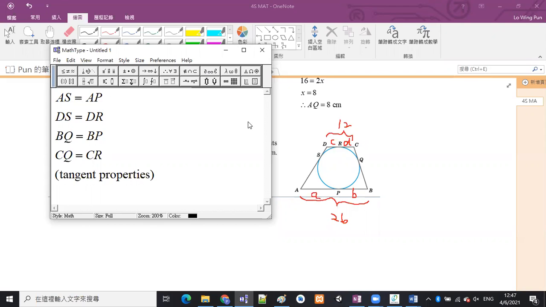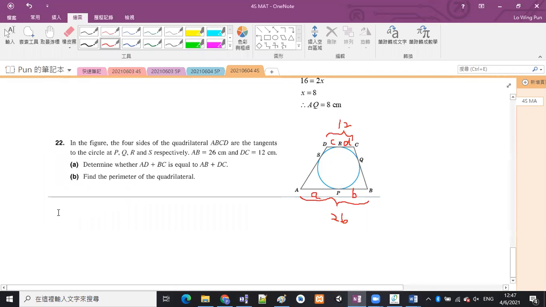So AS is equal to AP, and they are both equal to A. DS is equal to DR, and they are both equal to C. BQ is equal to BP, they are both equal to B. And finally, CQ is equal to CR, and they are both equal to D. Can you see this? And then I can answer the question now.